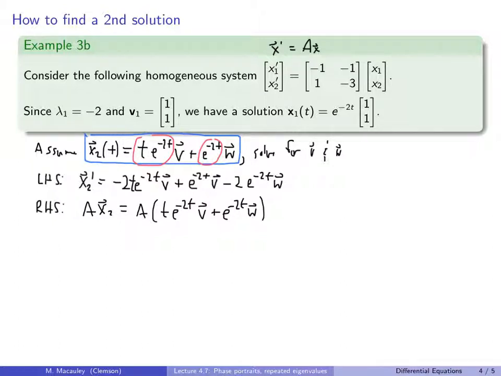So what I have to do is set the left-hand side, x2 prime, equal to the right-hand side. So I got to set this equal to that.